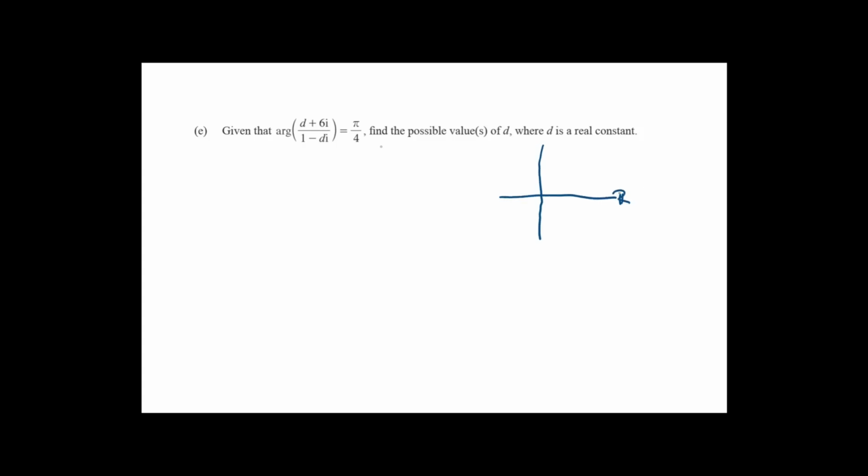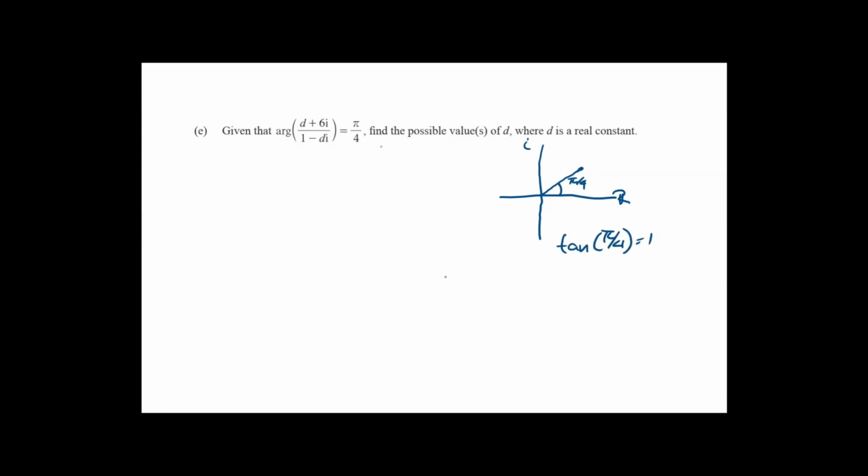So this is the real axis, this is the imaginary axis. Pi over 4 is here. In layman's terms, it's 45 degrees.